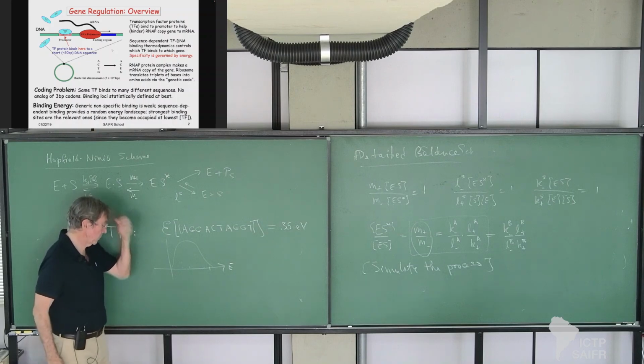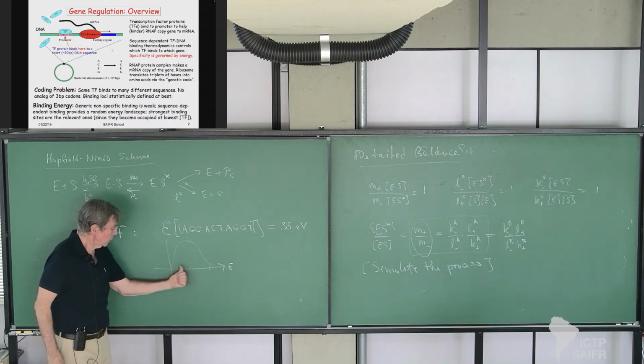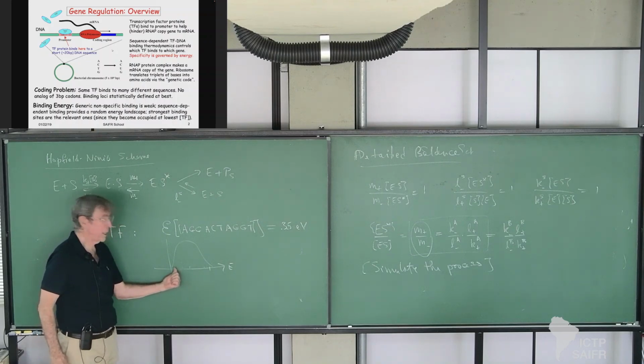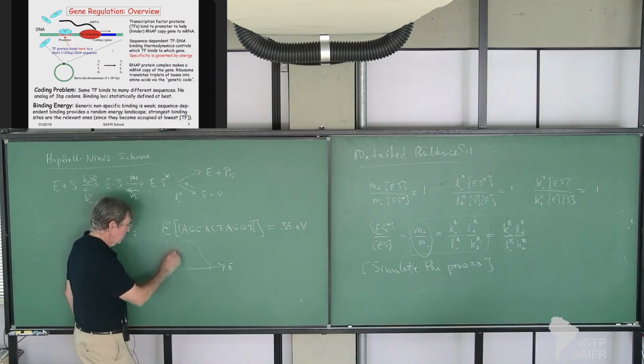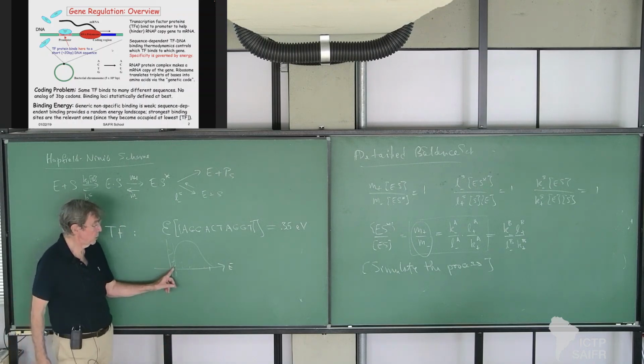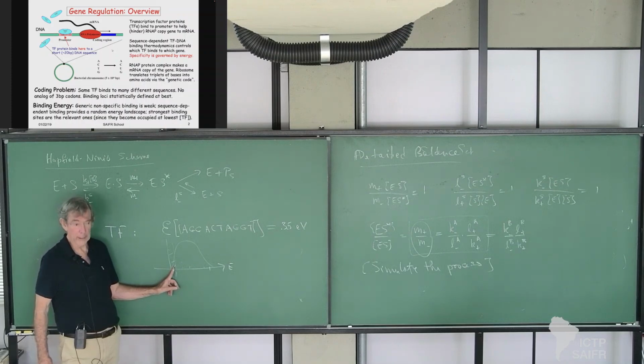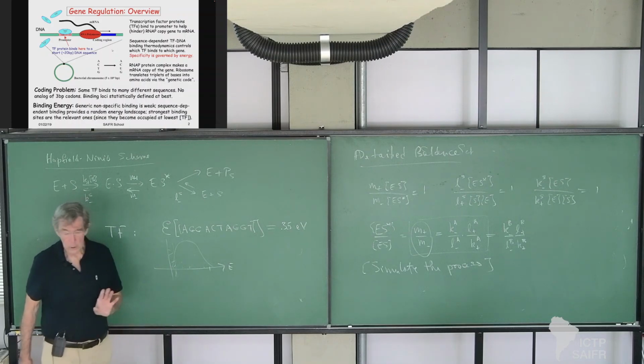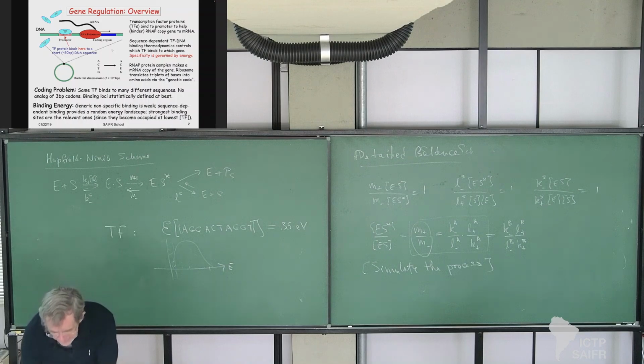And usually less positive energy is more strongly bound. And somewhere towards the bottom here are the sequences that we are interested in. They are the ones that give you a strong binding energy, okay? Okay, so we're going to talk about that.